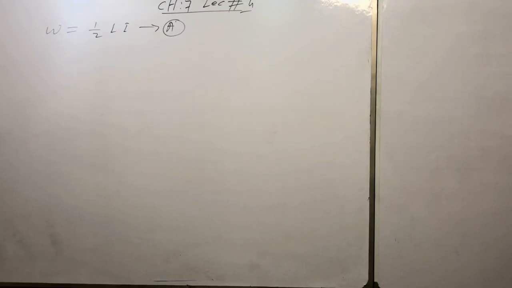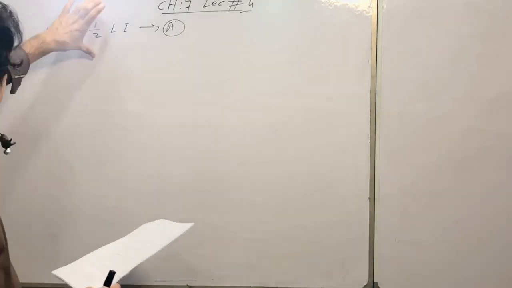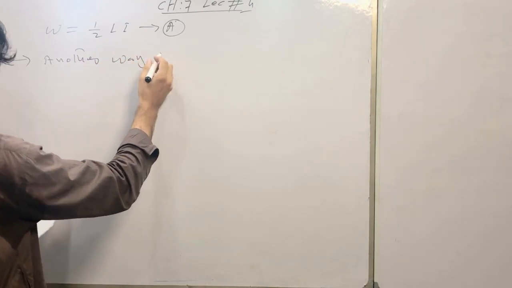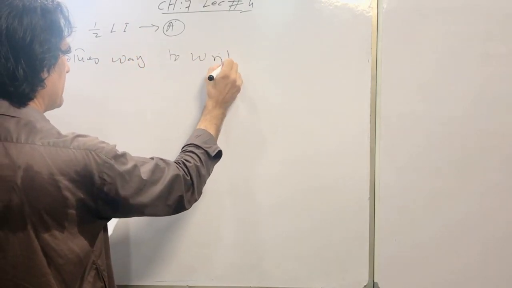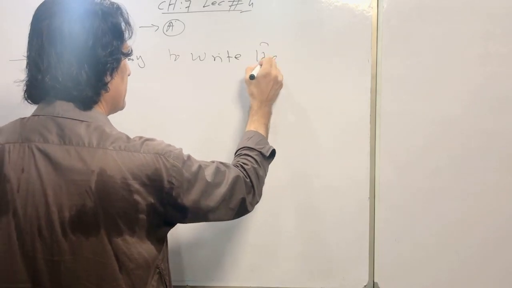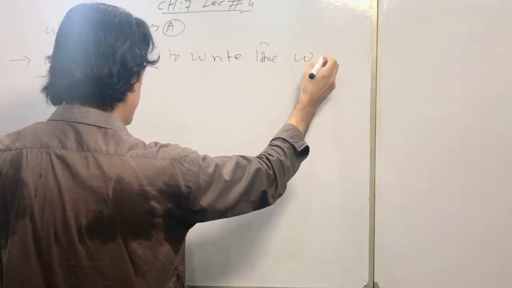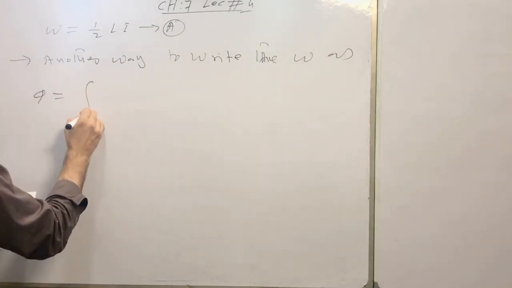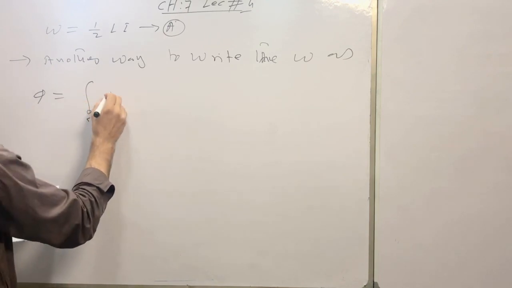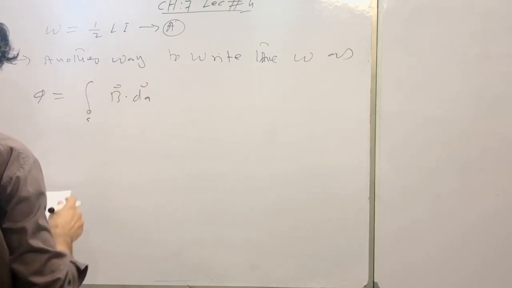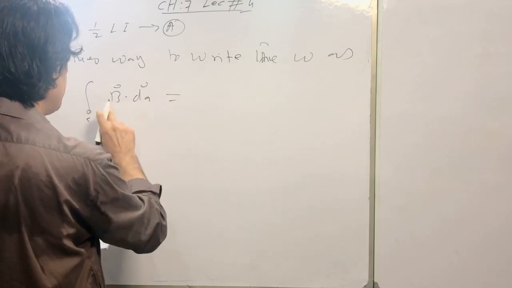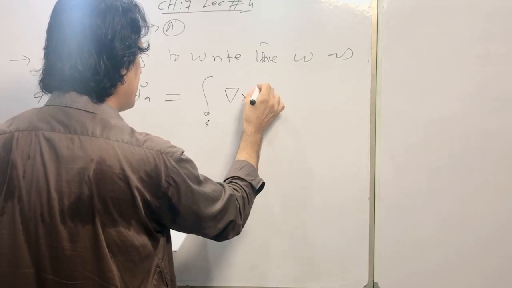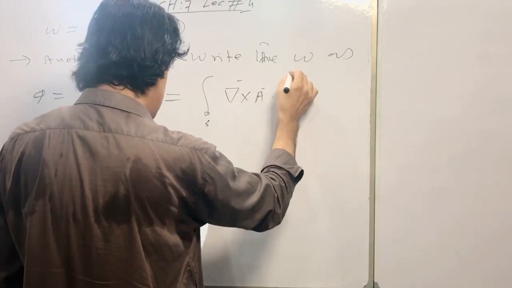Another way to write W: because we know about the flux, which is the surface integral of B dot dA, and we know B is the curl of the vector potential, del cross A dot dA.